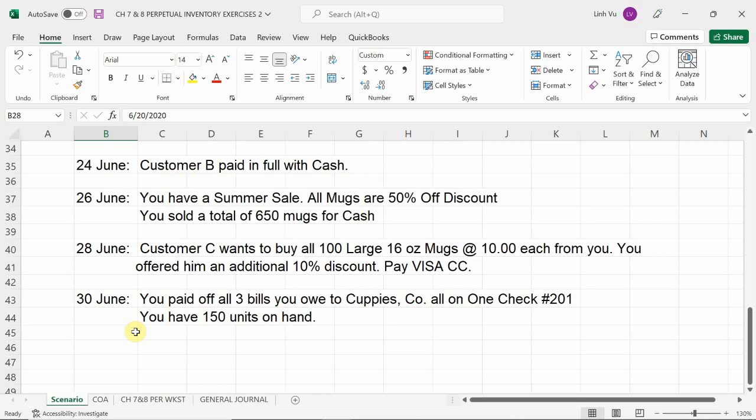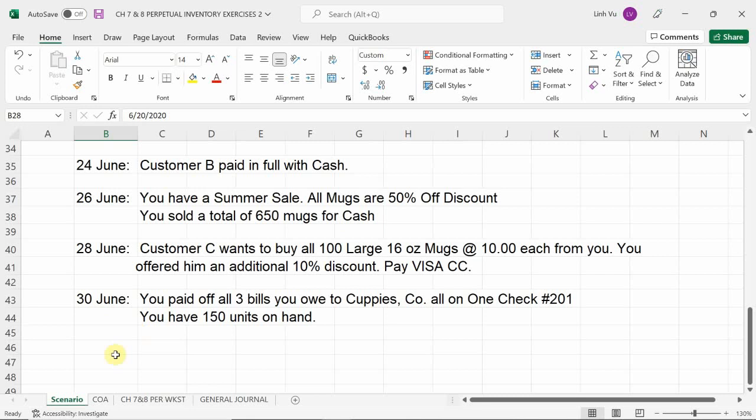And they ended up paying with a Visa credit card. So customer C wants to buy all 100 of the extra large 16-ounce cups off of you. You gave them a 10% discount, and they paid using their Visa credit card.